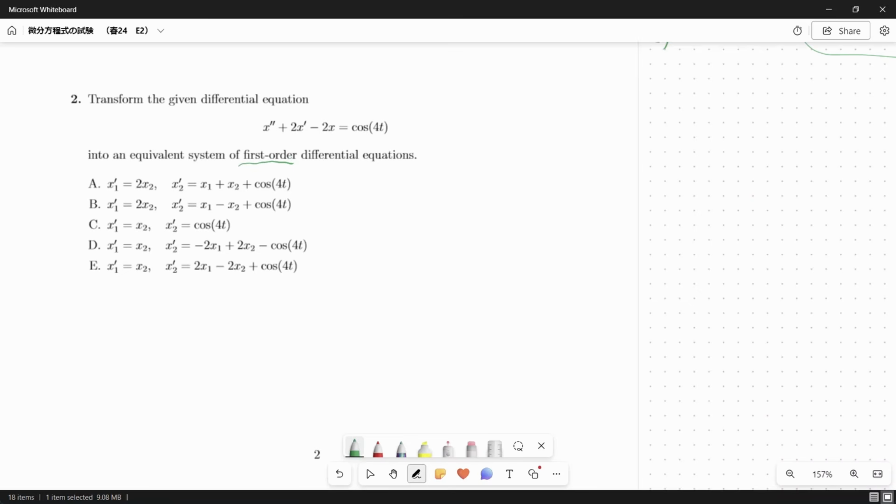What I'm going to do is come up with two variables because the options conveniently let us know the names of the variables we should be using. So I'm going to be using x sub 1 and x sub 2, because we want things to be no more than a first derivative, and in that case all we need is two variables.